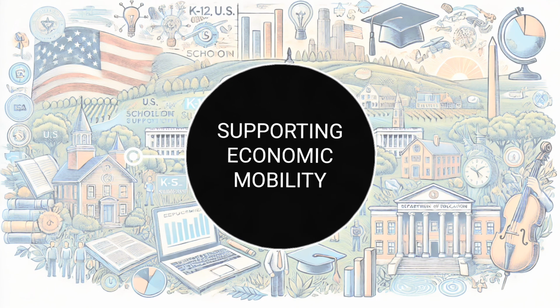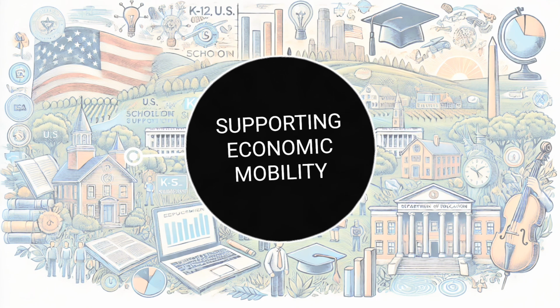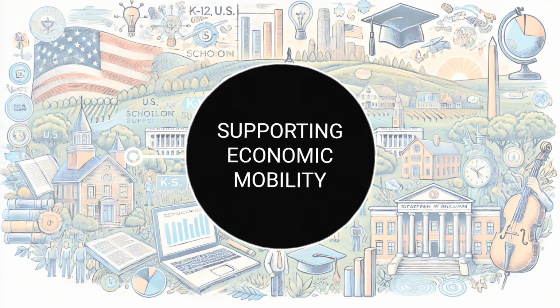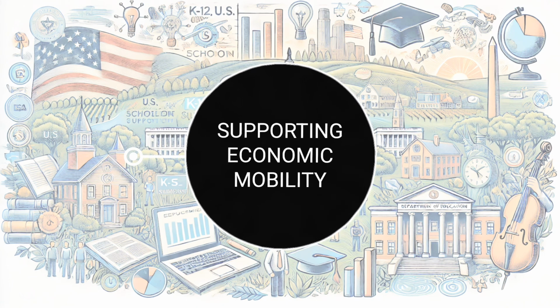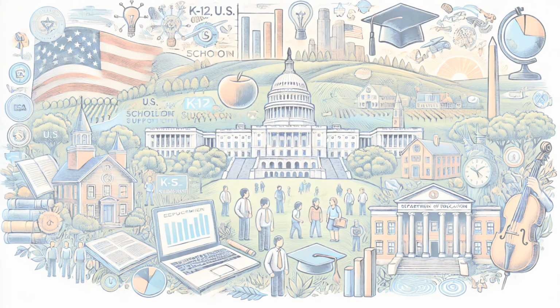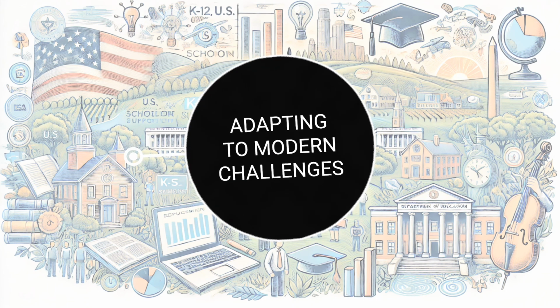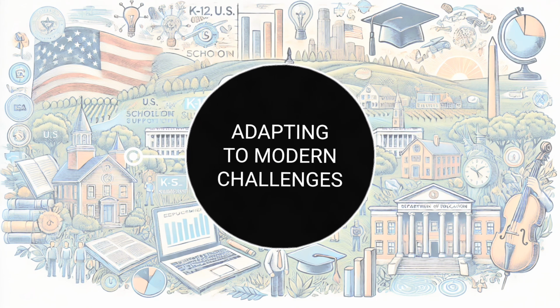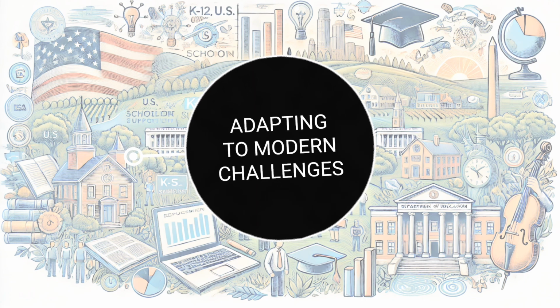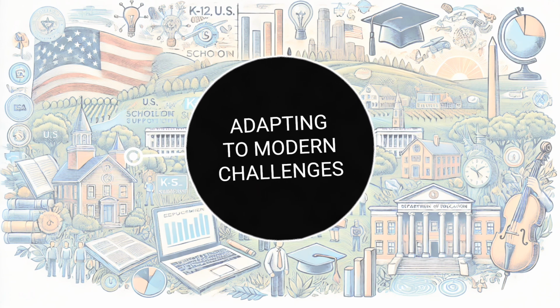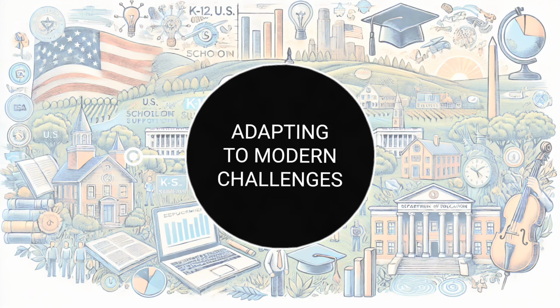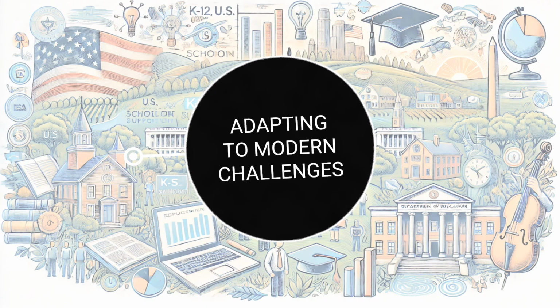By providing funding and support for schools and students, the department helps equip the next generation with the skills and knowledge they need to succeed in the workforce and helps provide them with more economic stability. Adapting to modern challenges. In an ever-changing world, the department is tasked with addressing new challenges, from the COVID-19 pandemic's impact on education to the growing need for digital literacy in a technology-driven economy.